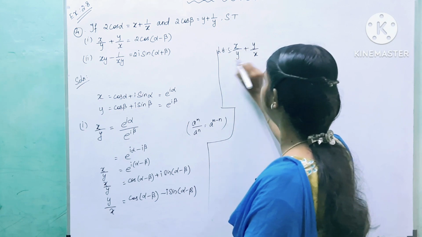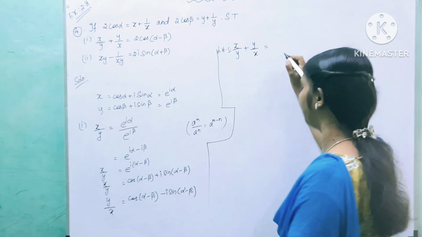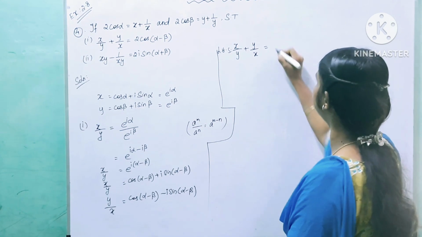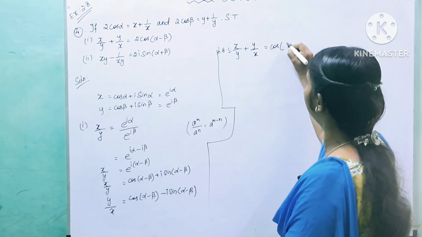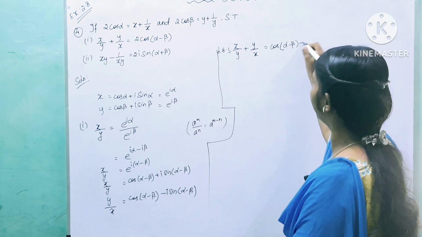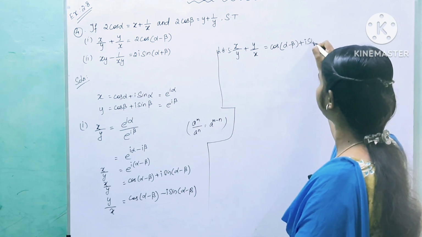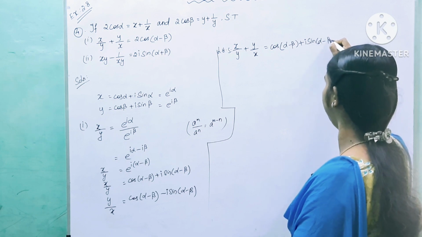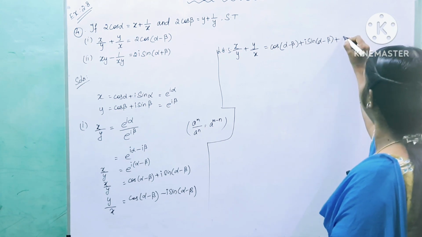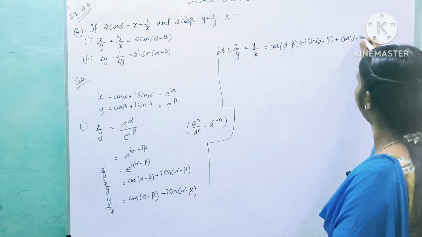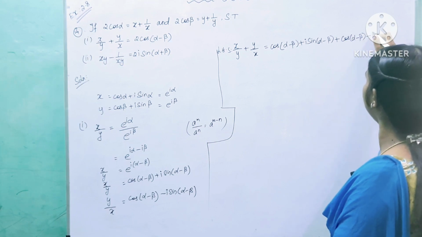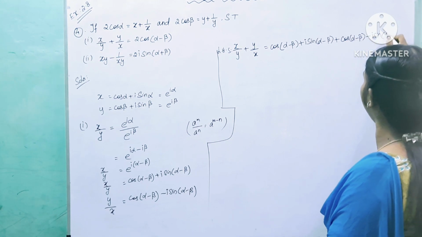x by y plus y by x. The LHS of the first subdivision, by adding these two terms, is cos alpha minus beta plus i sin alpha minus beta plus cos alpha minus beta minus i sin alpha minus beta.